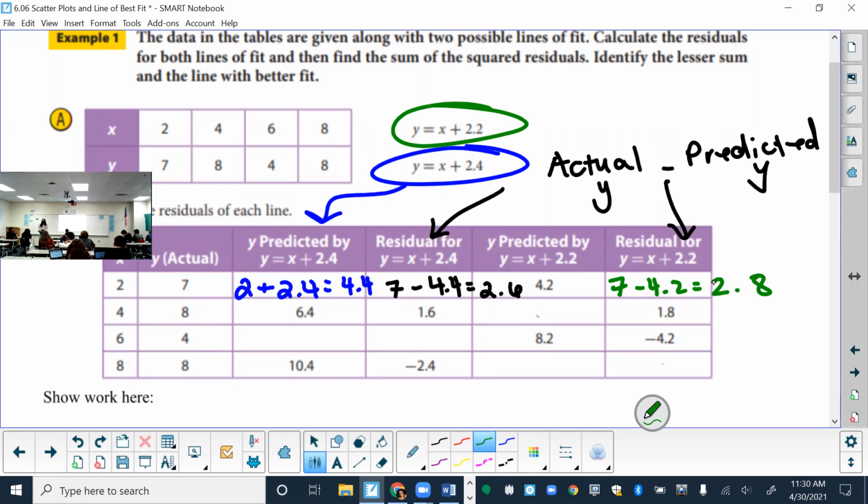Yep. But that's what you're doing. So fill in the rest of the table. The goal is to know how to come up with the predicted y's and the residuals. All right, so fill in that table, and we'll go over it in 1 minute. Yes, go ahead.